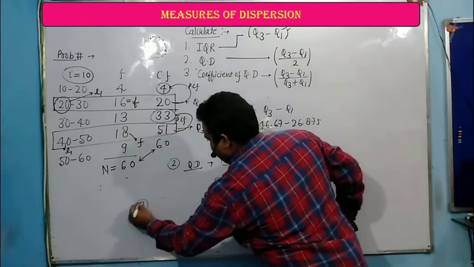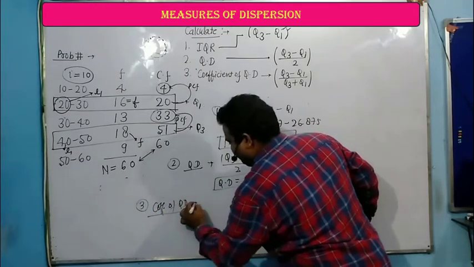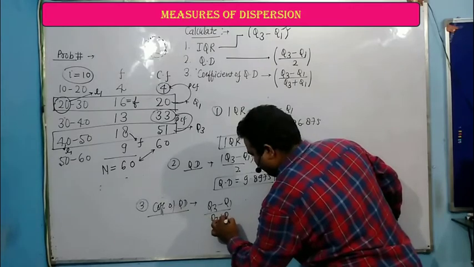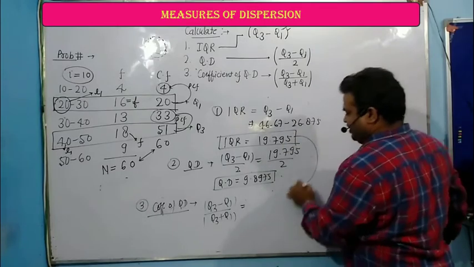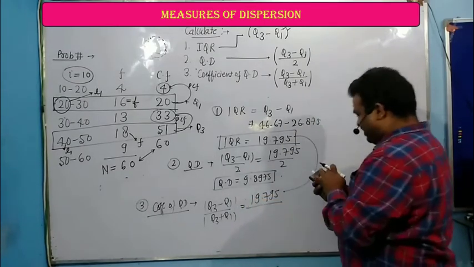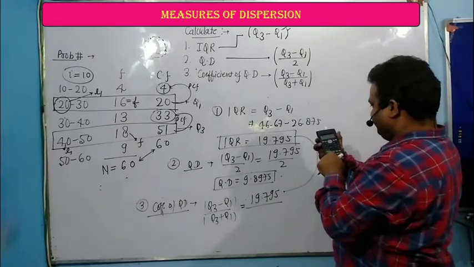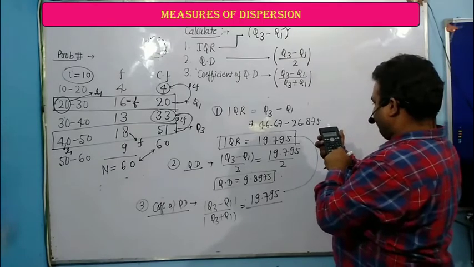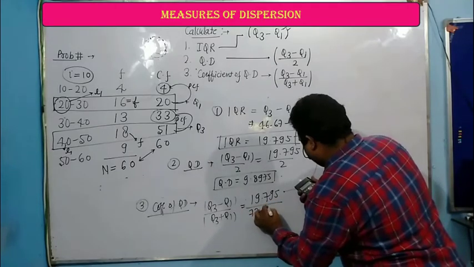Now what is your coefficient of quartile deviation? My coefficient of quartile deviation is Q3 minus Q1 divided by Q3 plus Q1. This difference is already mentioned, this one. So I am putting 19.795 divided by the addition of both values. So 46.67 plus 26.875, you will get 73.545.